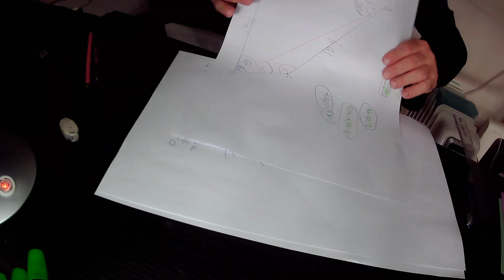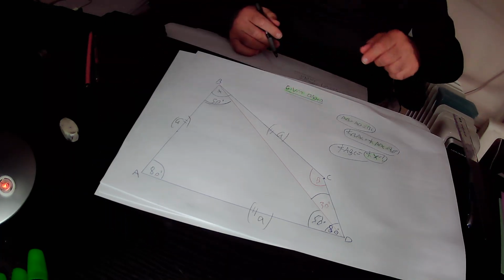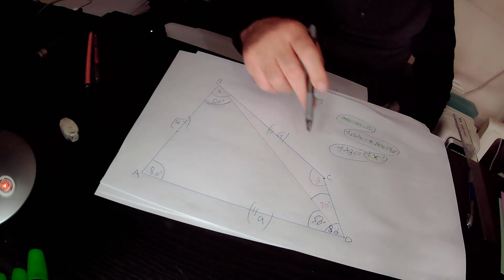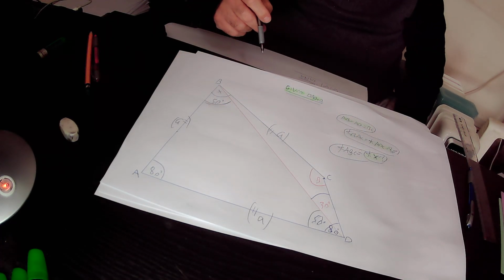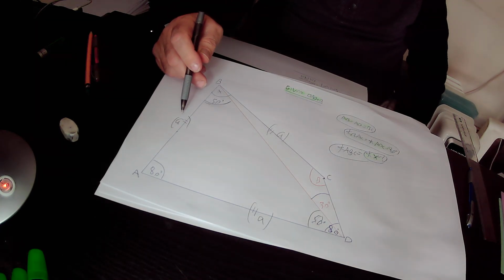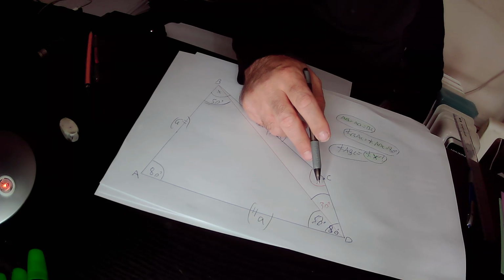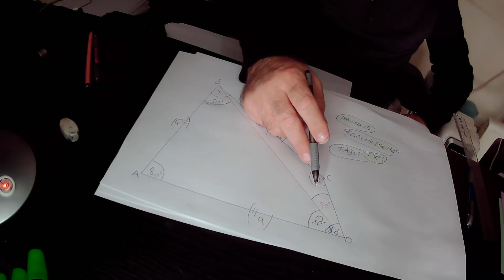If you remember, according to the law of sines, BA over sine 50 degrees equals BD over sine 80 degrees. BA is A according to our definition, so we substitute BA by A. And we have here sine 50 degrees. We substitute 50 degrees by 90 degrees minus 40 degrees.